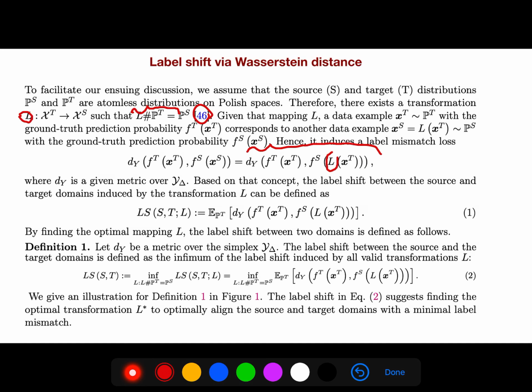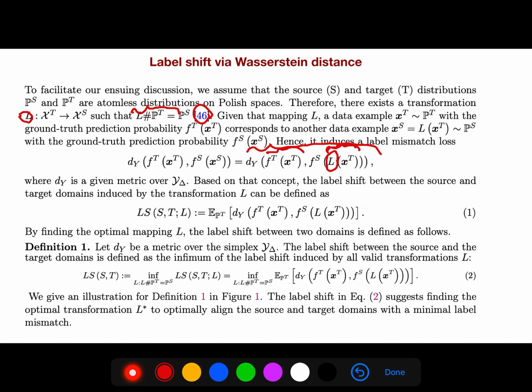Because here L, we have a mapping from target to source, so here is the source. But here is the label of target, and here is the label of source. So with this mapping, we are able to see the difference between them.